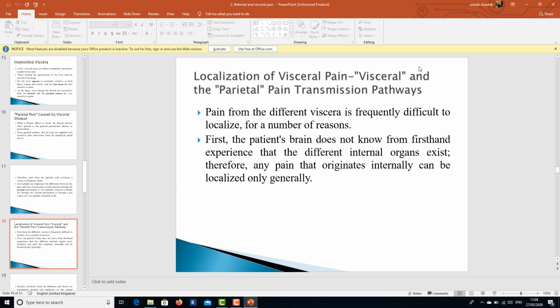Actually, it is our brain which is knowing the exact location of those viscera, so that's why we are able to tell that we are having pain in that area. Otherwise, if we are not knowing the exact location, then only a general feeling of pain will be there.